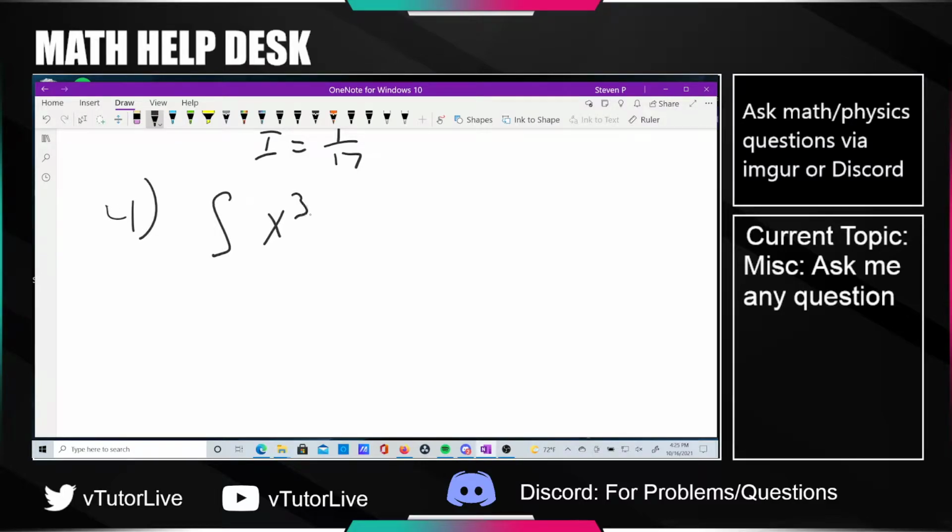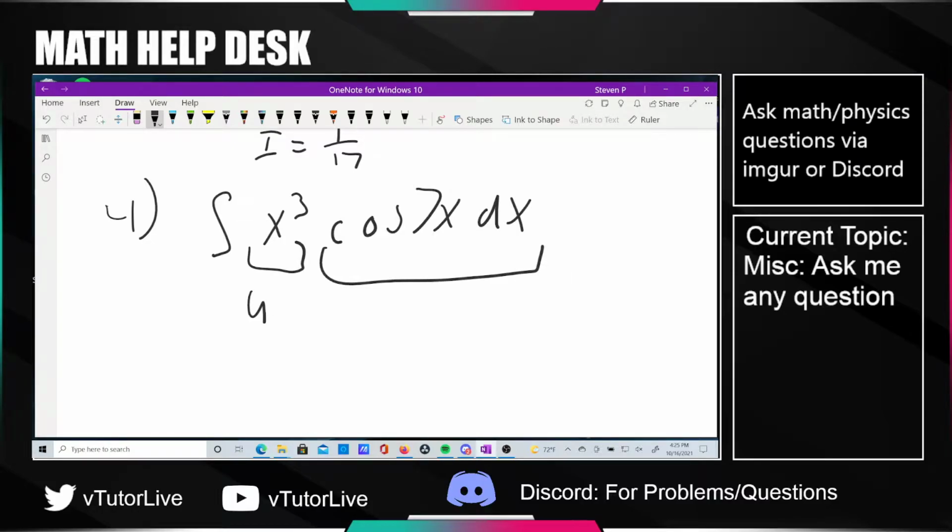So for this one over here, cosine of 7x dx, right? The idea here is that we have a habit of assigning the polynomial factor to be u, because we typically like to bump down the complexity. Now, keep in mind that while this is a great rule of thumb that I'd say works 90% of the time, there is about 10% of the time when it doesn't work.